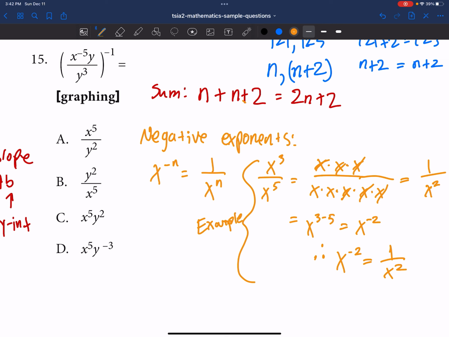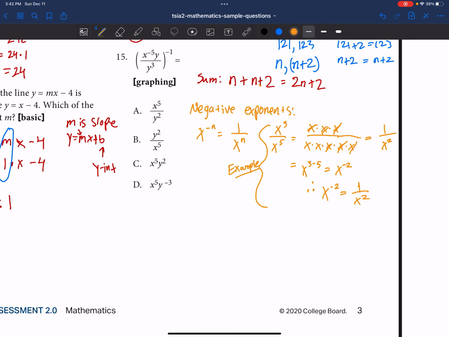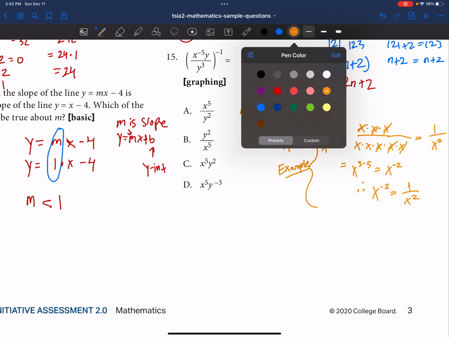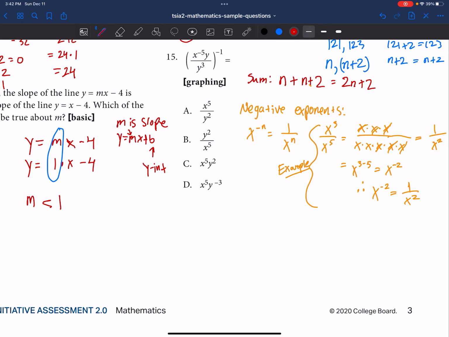Okay. So here's how we deal with this problem. Maybe you've never seen negative exponents before. If you have, then you know how this works. So x to the power of negative 5 y over y cubed. Forget this power of negative 1 up here for a second. I'm just looking at the argument inside those parentheses.